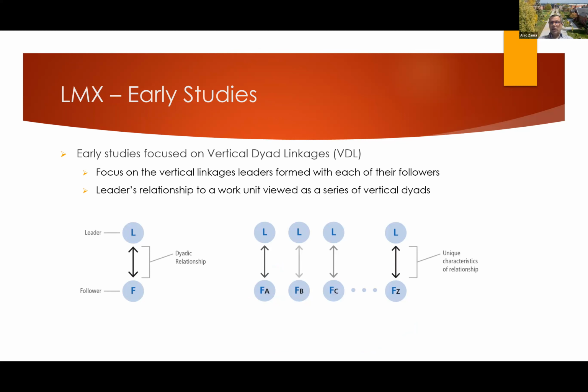As researchers were studying the behaviors of leaders in organizations, they found that leaders and followers form different types of relationships. In previous studies of leadership, the focus was on the leader's relationship with the entire group. This theory focused on creating individual linkages or relationships between a leader and different followers. In other words, they focused on individual vertical dyads.